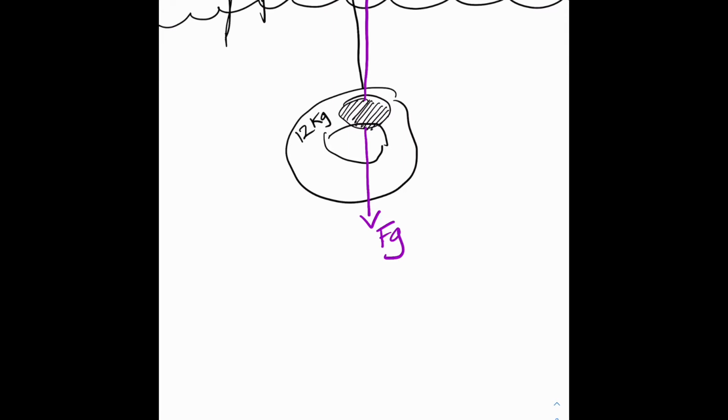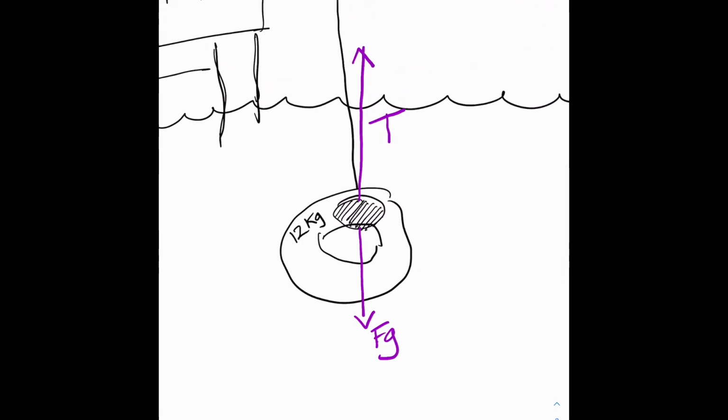Now, in previous problems, our forces would be drawn equal here. But since we have accelerated motion, I am going to draw tension as being larger. I think because they tell us there is a net acceleration, and I can just write this right off to the side, of 3 meters per second squared, upward, right?